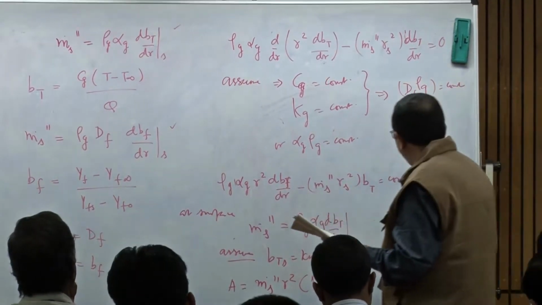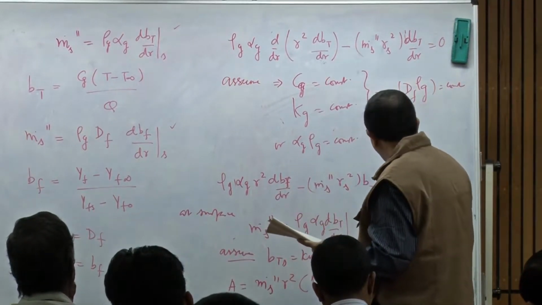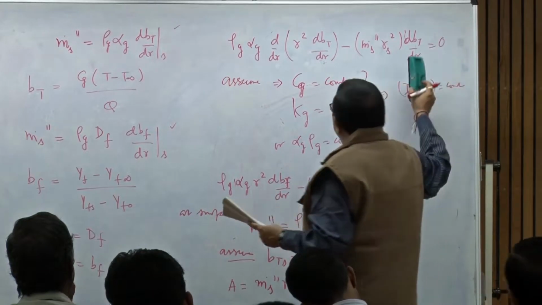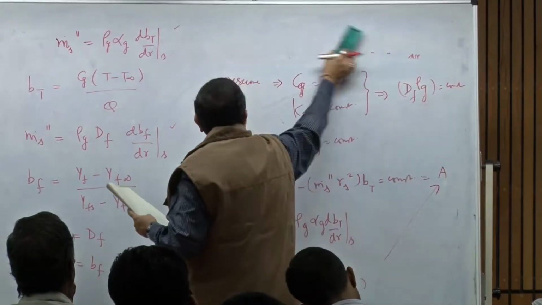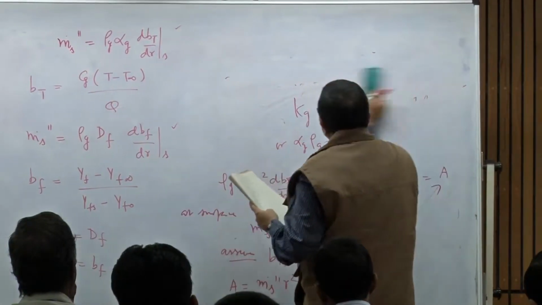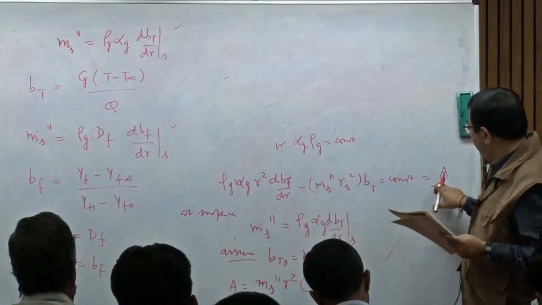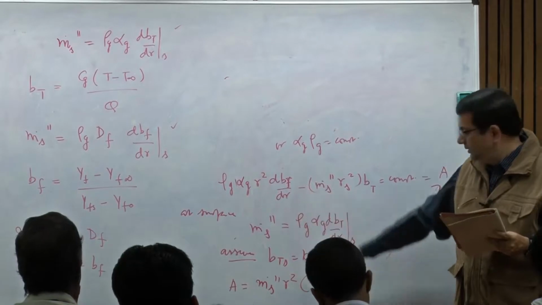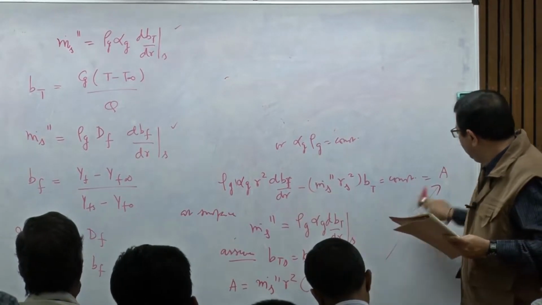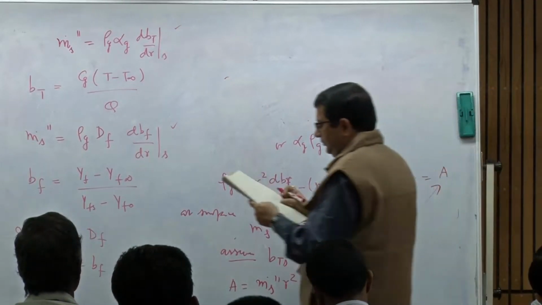So, if I now substitute the value of A in this expression, I will just change this equation. Essentially we got an expression for A by putting r equal to r s and all other conditions, which we are going to put in this equation.